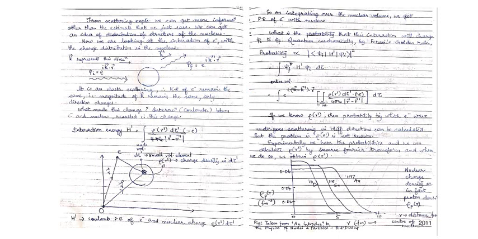So this is basically a Fourier integral, and if we do the inverse Fourier transform, we can evaluate rho r prime. Doing that, we see that rho r is something like this.